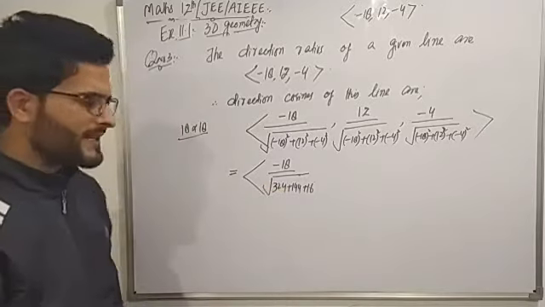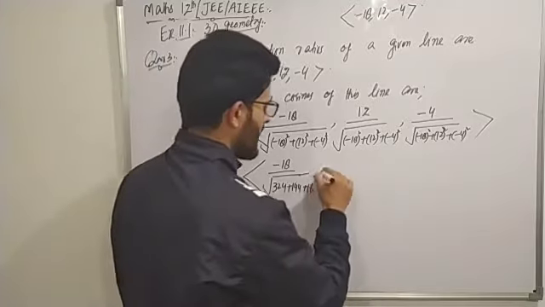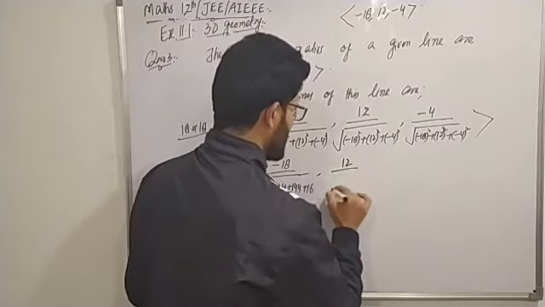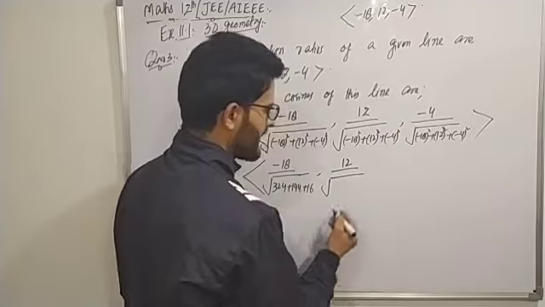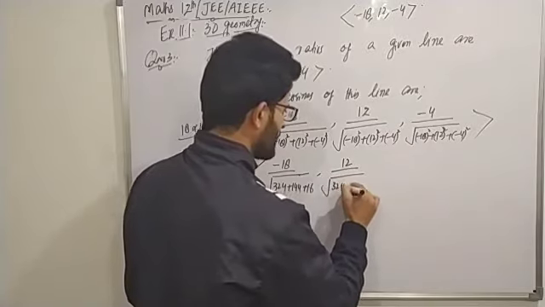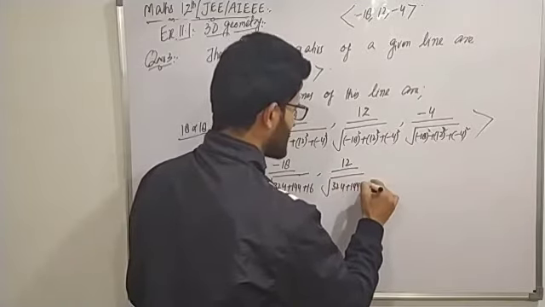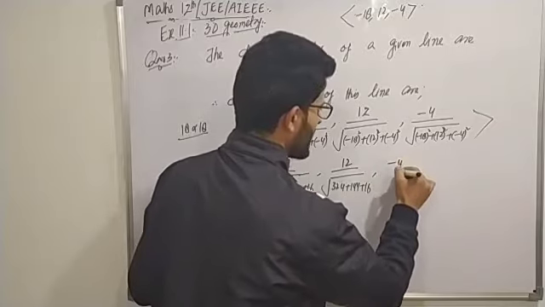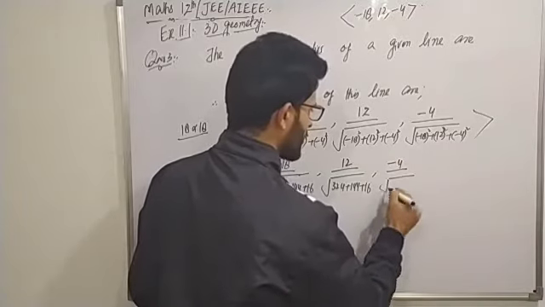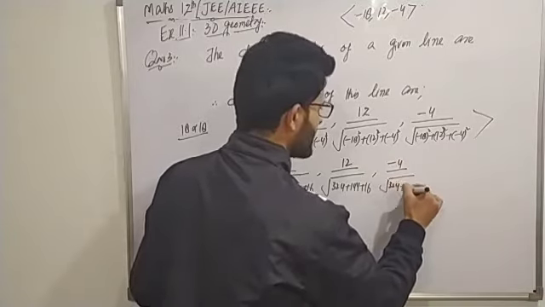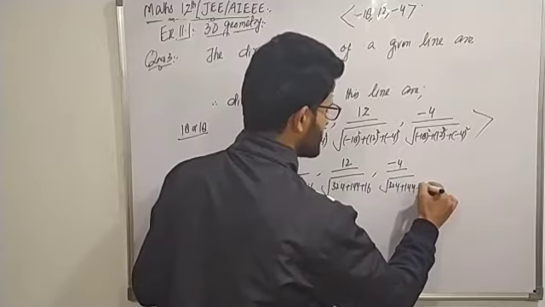So 324 plus 144 plus 16, and the second would be again 12 divided by the non-negative square root of again 324 plus 144 plus 16, and this is again -4 divided by the non-negative square root of 324 plus 144 plus 16.